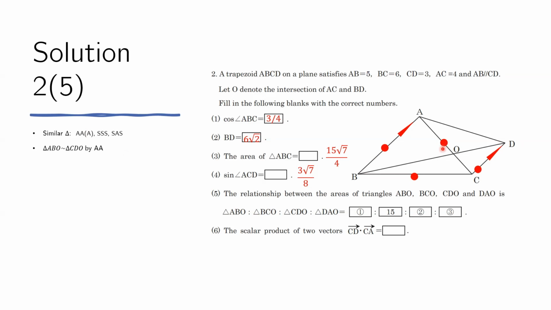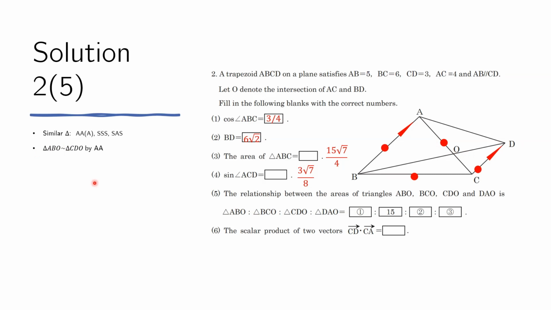So this angle, for example, is equal to this angle. That's because they are vertical angles of two intersecting lines. And this angle has also been shown to be equal to this angle, again, because AC is a transversal of these parallel lines here. So now we have two angles of the triangles that are equal, and therefore they are similar.